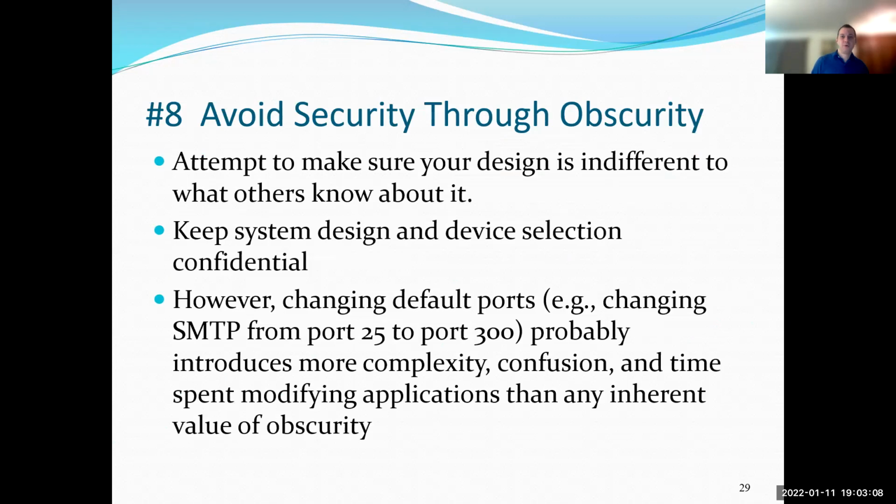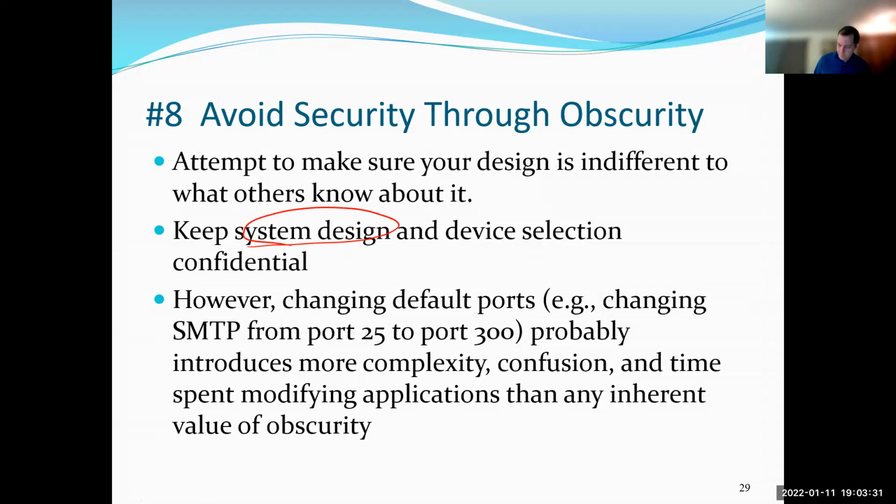I just said this, avoid security through obscurity. So I gave the example of the port numbers. Attempt to make sure your design is indifferent to what others know about it, right? Keep system design and device selection confidential, sure. And this is true. Most companies will not give you their network design, their specifics of it.